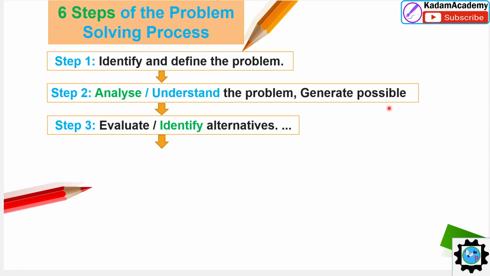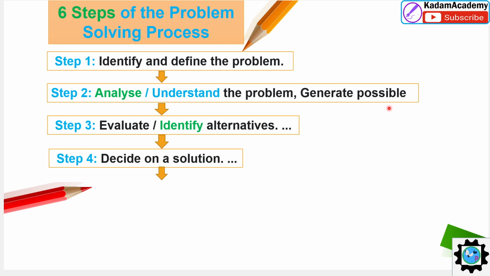So here, we have to evaluate and identify the alternatives. Various alternatives may be possible, and we have to identify what those are. And step 4, we have to decide on a solution from the alternatives.